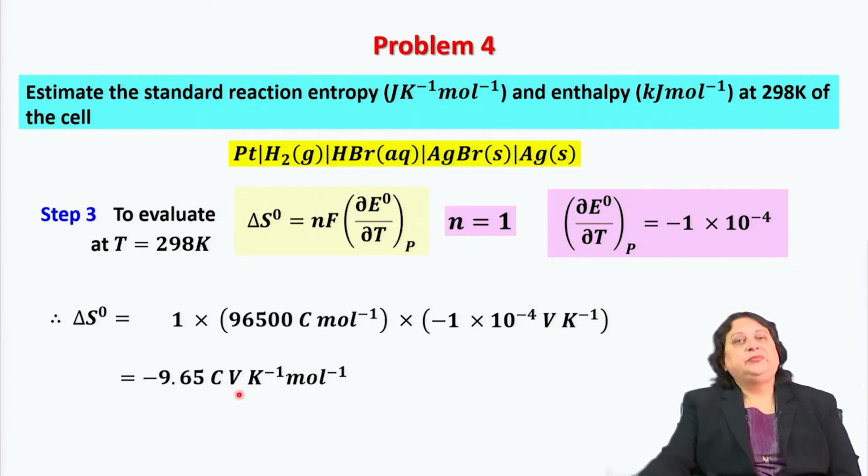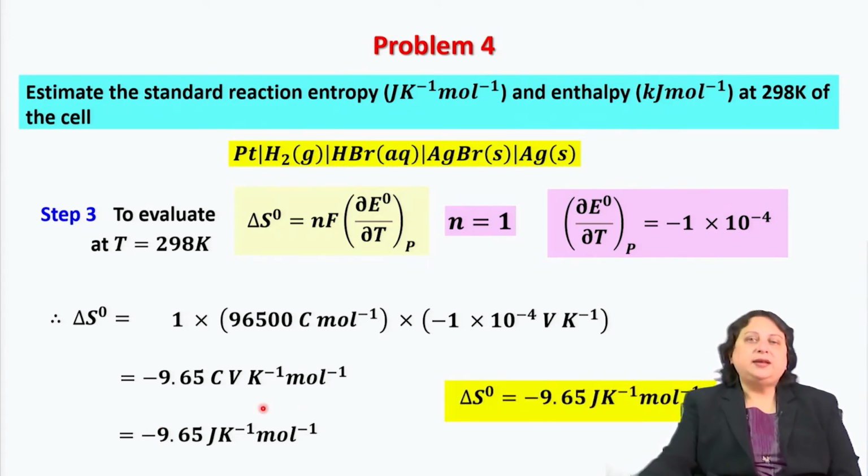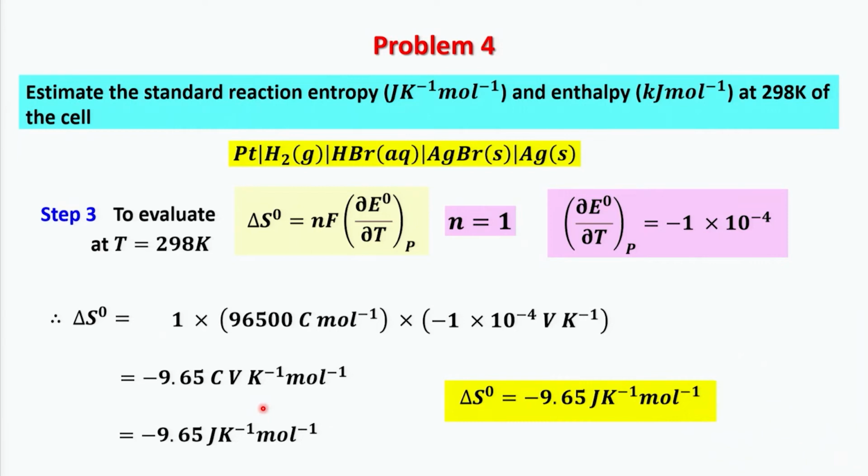I have got coulomb, volt, Kelvin inverse, mole inverse. Do I know the relationship between 1 joule and 1 coulomb volt? Actually, they are equal. Therefore, I can immediately write down that delta S naught is equal to minus 9.65 joule per Kelvin per mole.